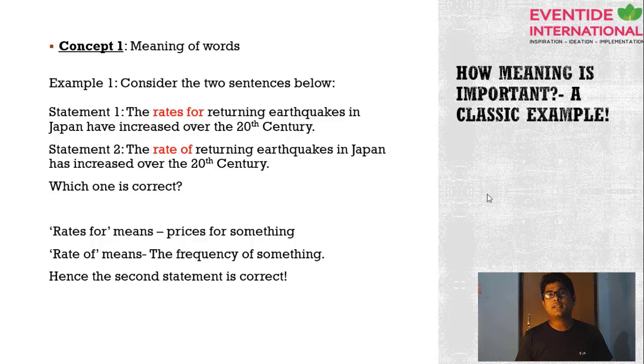In this case, since we are talking about earthquakes, उसका कुछ प्राइस होने से तो रहा. It can only be the frequency. Thus, the second option is again correct in this given question.